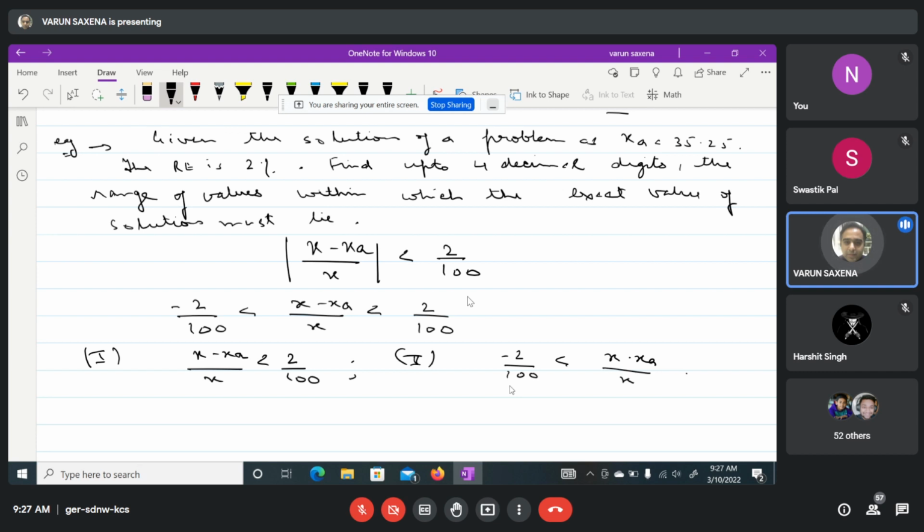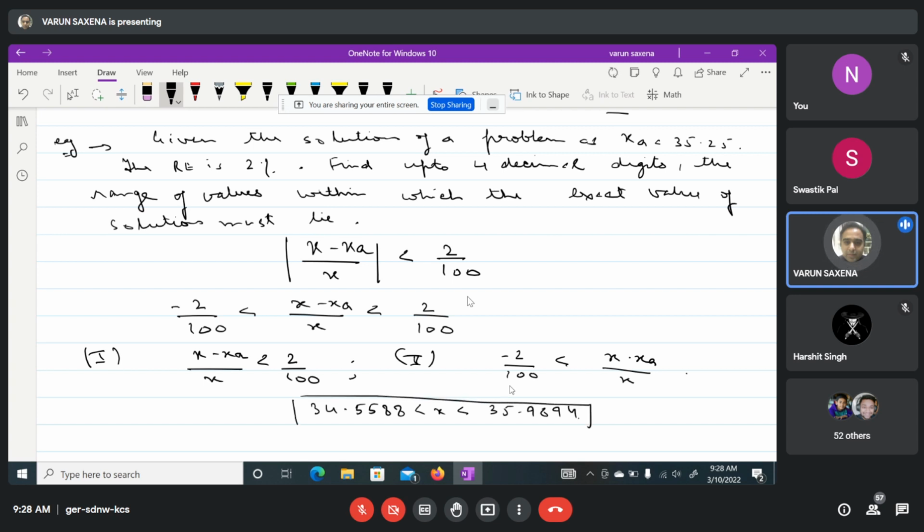Is there anybody who could solve it? So the upper limit is 35.96, and the lower limit is 34.54.